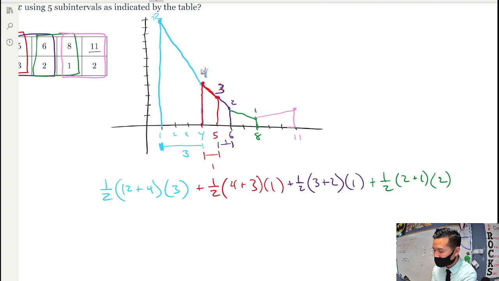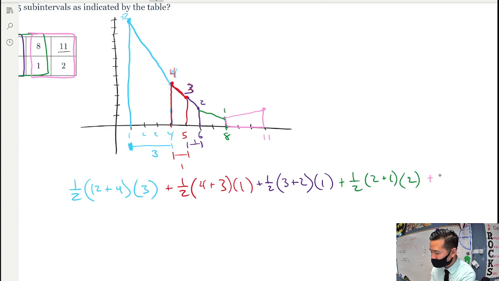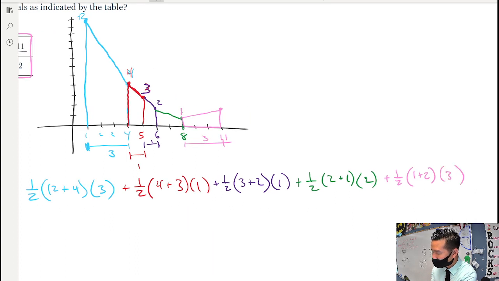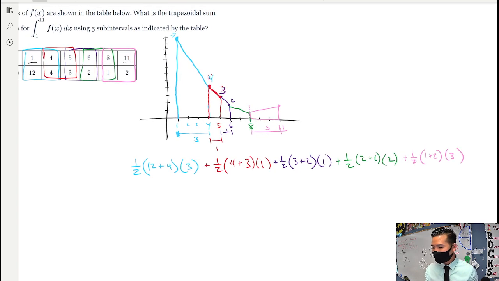Connect that right there like this. And that last one's going to give me plus 1/2 times 1 plus 2 times, what's that? 3. This whole thing that I have written out is the approximation of the integral from 1 to 11 of my function. That's a lot. It is.